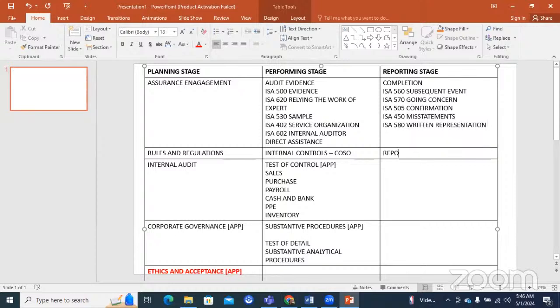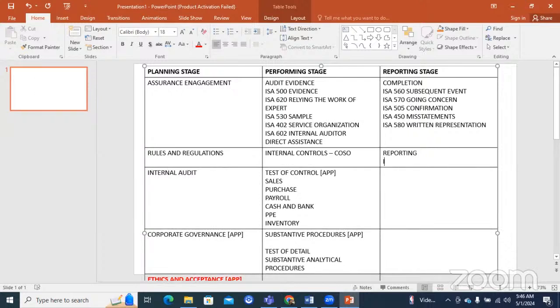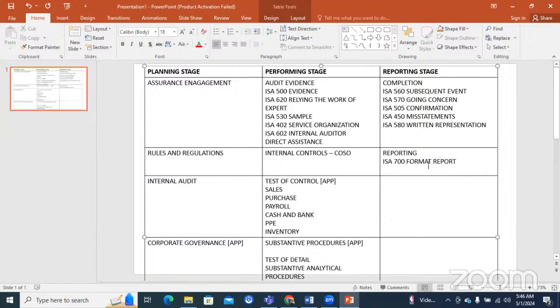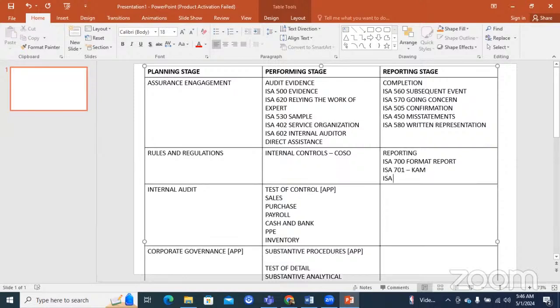Then you might study audit reporting. That is the format of the audit report, ISA 700, format of report. And ISA 701, that is key audit matters paragraph. Then ISA 706, that is emphasis of matter paragraph.